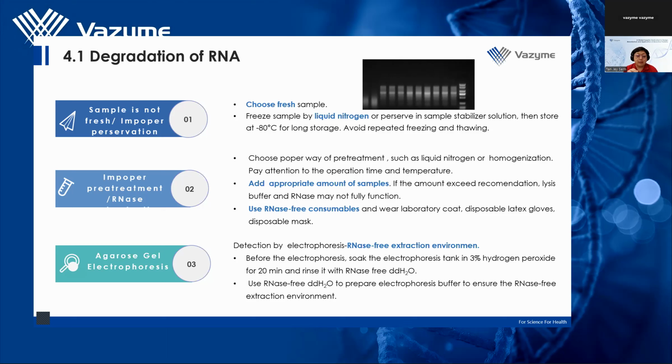Ensure that the electrophoresis buffer is also prepared with RNase-free DD water. That's important. Optionally, denature the RNA by heating it at 70 degrees for 2 minutes before electrophoresis to unfold secondary structures and ensure uniform migration when you run the gel.